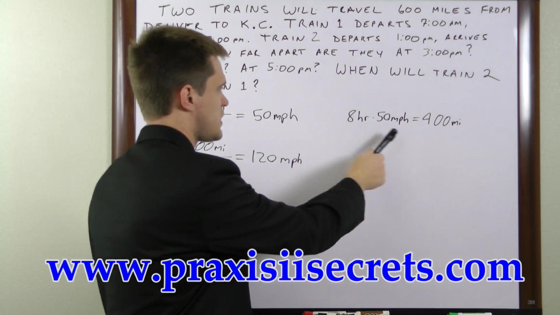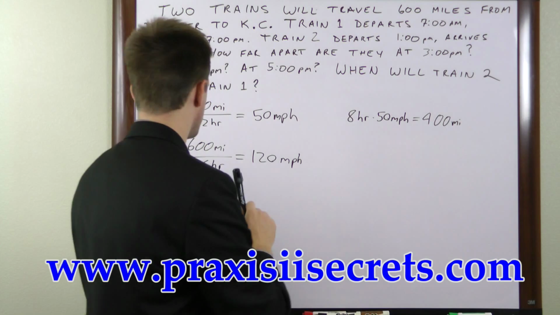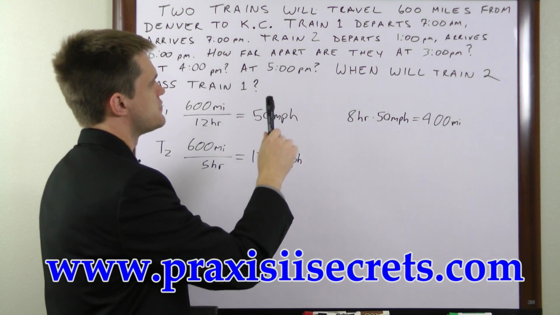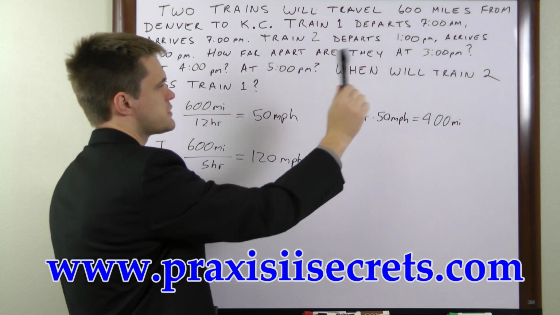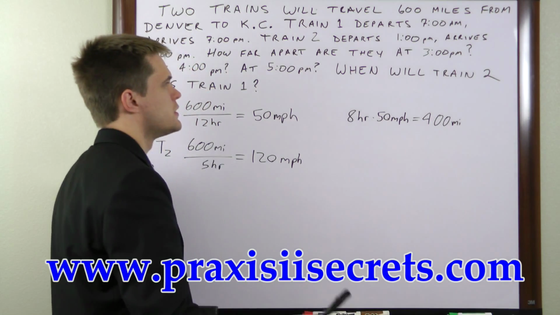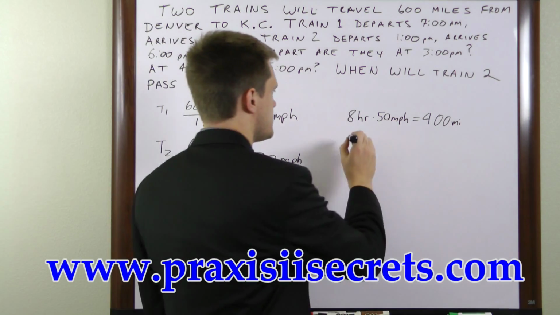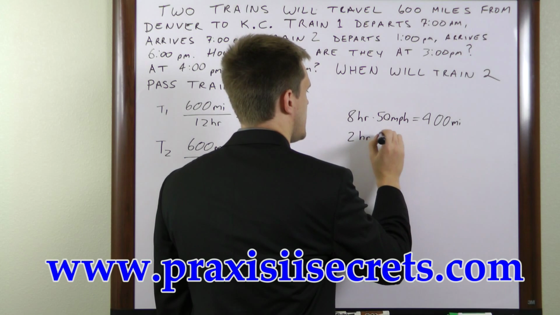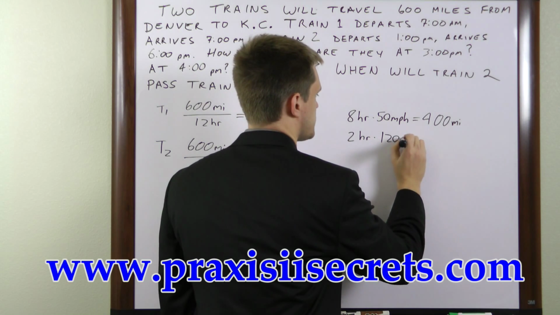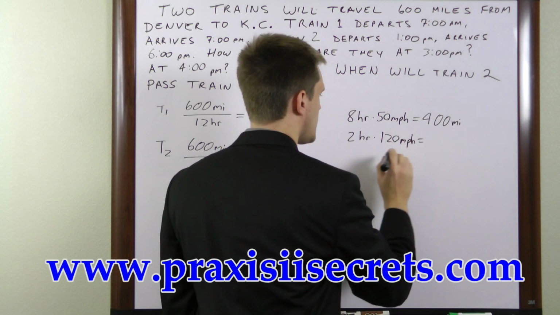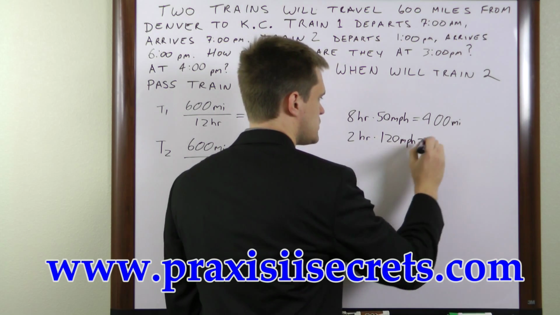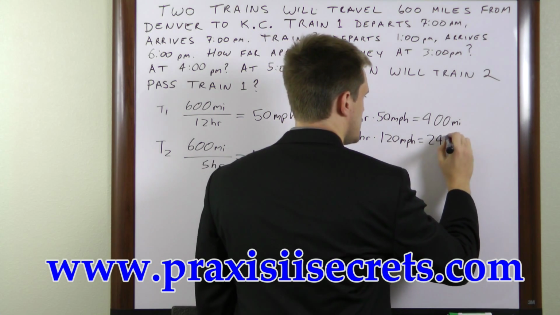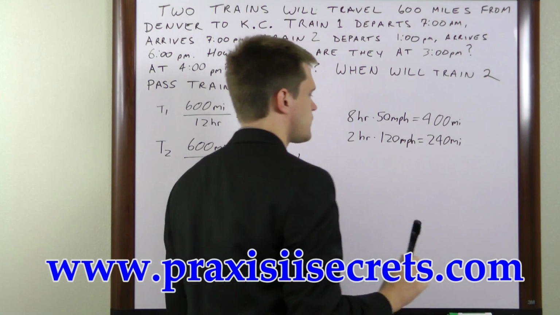So train 1 has traveled 400 miles. Train 2 has only been traveling for 2 hours because train 2 left at 1 p.m. So train 2 has been traveling for 2 hours at 120 miles per hour. So train 2 has gone 240 miles.